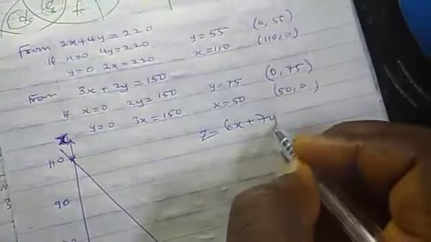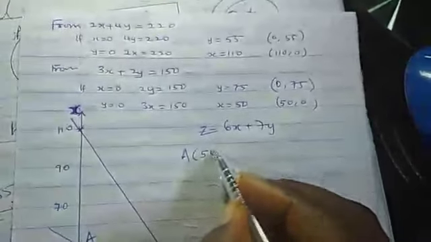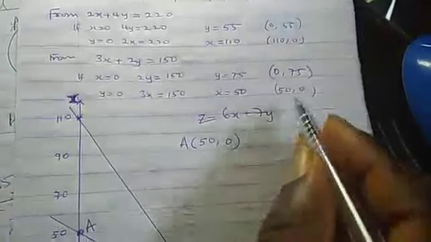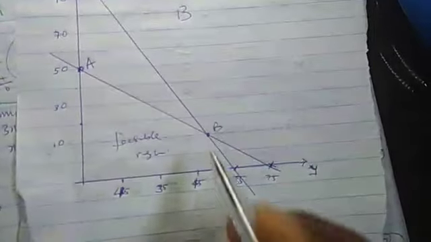Now for point A, you see here that x is 50 there, and there's no y there. y is 0, so I'll have 50, 0. That is this one. And for point B, this is point B. I'll trace it down.